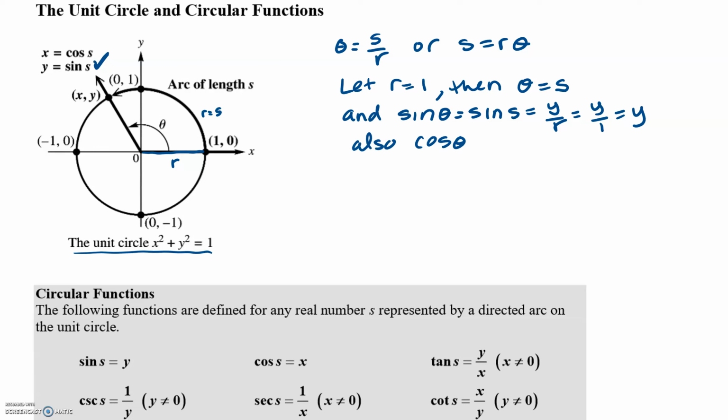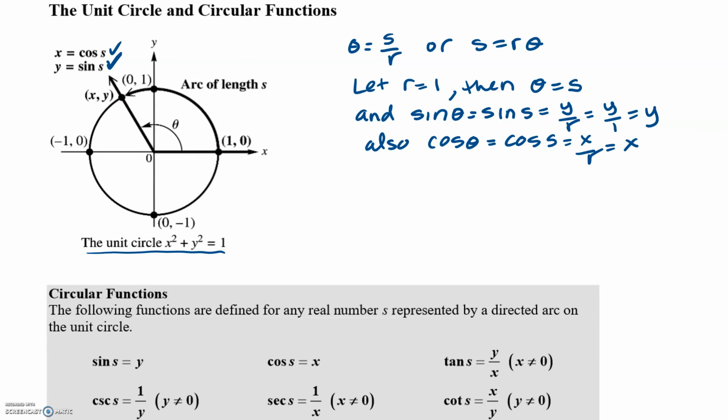Also, cosine, doing the same thing, cosine of s, which is usually x over r, is now just x. So when we pick this arbitrary point here with this angle theta, which is the same thing as the s here, we can say this point now is cosine of s, comma, sine of s.